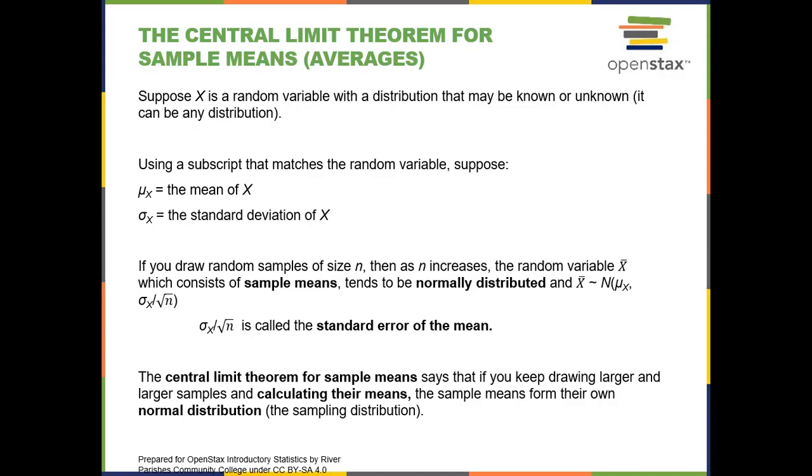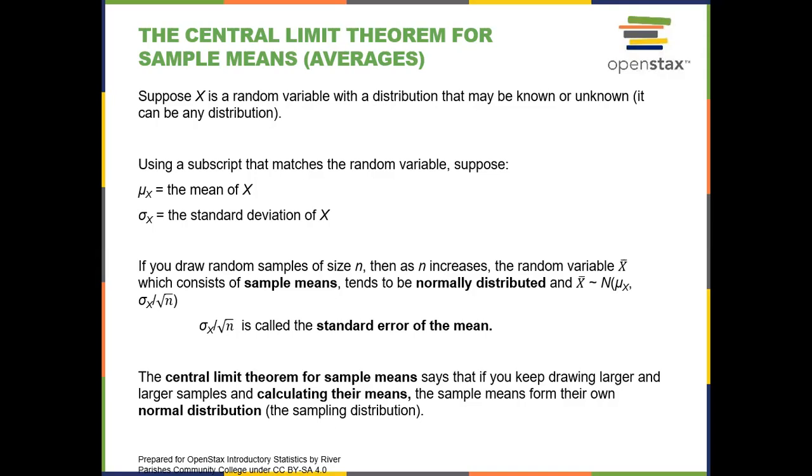And the standard deviation of x bar, or of the probability distribution of x bar, is sigma x, which is the population standard deviation, divided by the square root of n. Sigma x divided by the square root of n is called the standard error of the mean. So what did we learn from here?